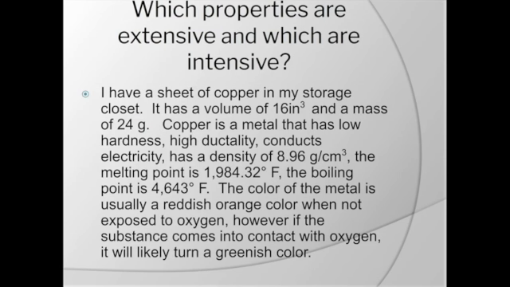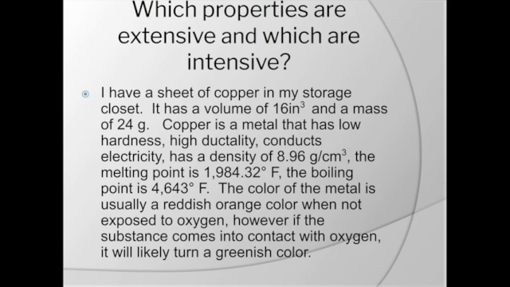Okay, so which properties are extensive and which are intensive? Here it says, I have a sheet of copper in my storage closet. It has a volume of 16 inches cubed and a mass of 24 grams. Copper is a metal that has low hardness, high ductility, conducts electricity, has a density of 8.96 grams per centimeter cubed.